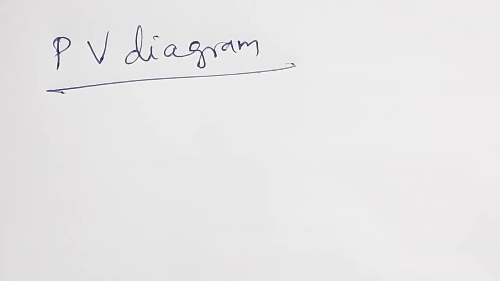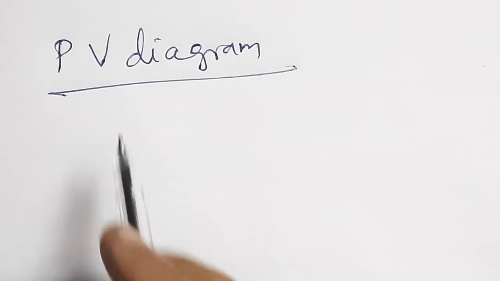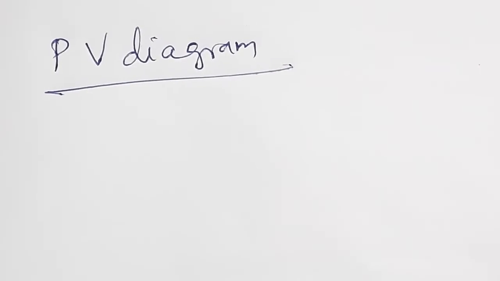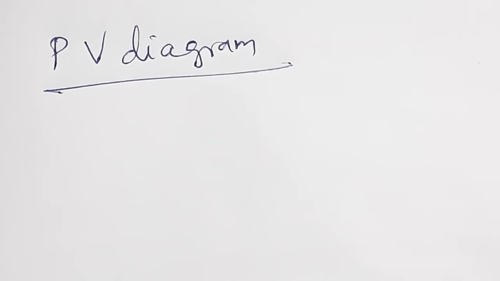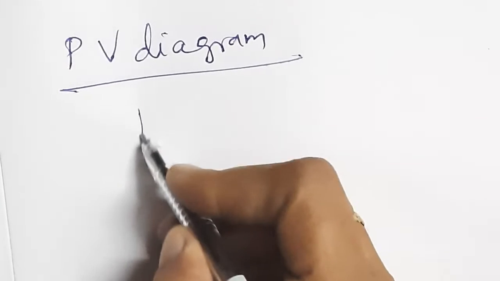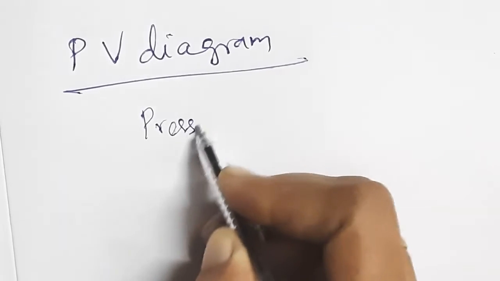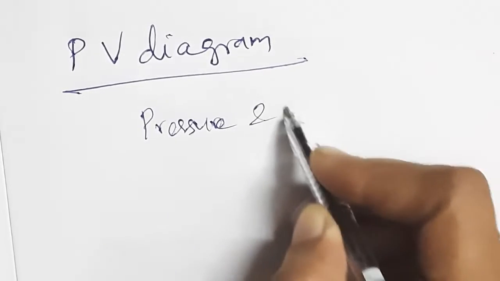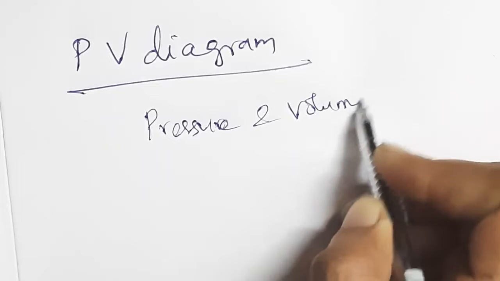The next one is the PV diagram. PV diagram, that is, it is the graph between pressure and volume.